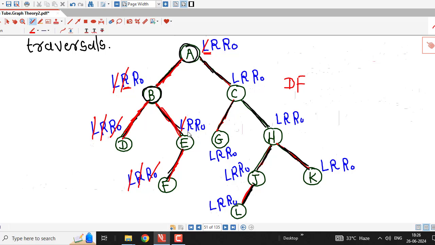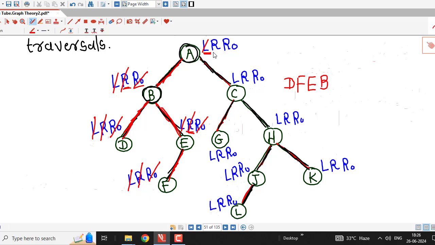Here we have R means right of E, but there is no right subtree of E, and then we process root E. So next I am writing capital E. Now I am going back. Here root is pending, so I cancel this and I am writing capital B. Again I am going back to the root capital A.